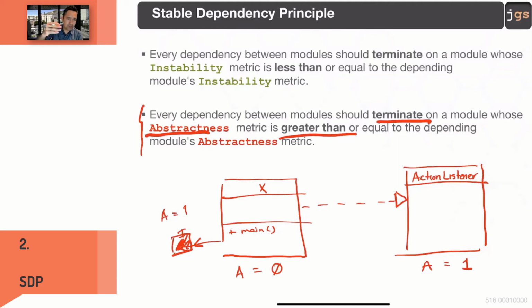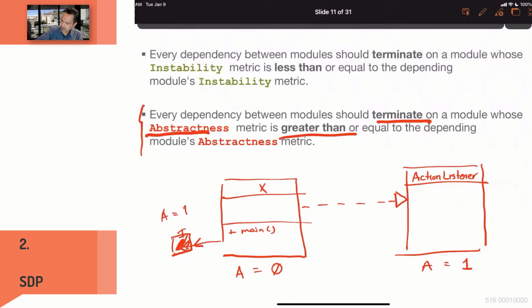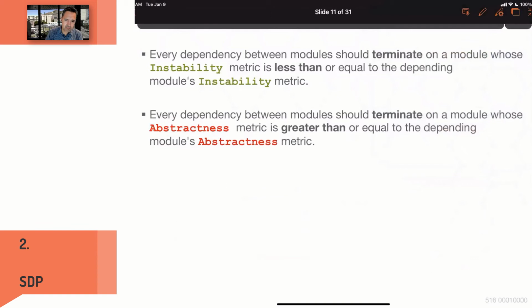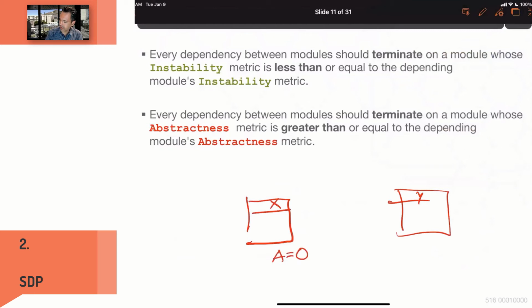Okay, you know what? Everything is classes. I have this class and I have this class, and both are classes, both are concrete, both have abstractness 0. So if both have abstractness 0, when I connect them, doesn't matter the direction, I cannot really say anything about this.